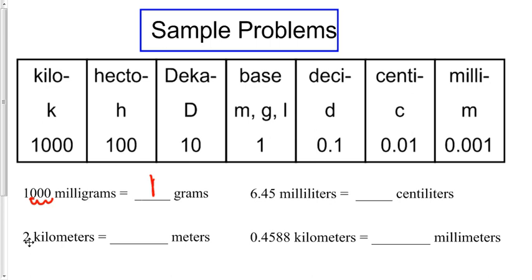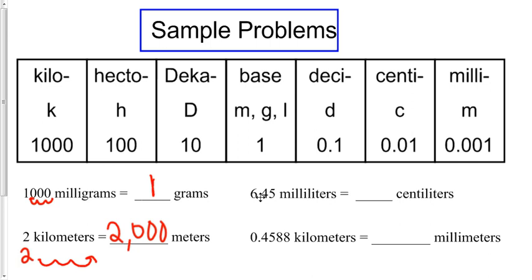If I have 2 kilometers, and I want to see how many meters that is, from kilometers to meters, that's moving over 1, 2, 3 times. So I need to move this decimal point in 2 over 3 times. So that's going to be 2,000 meters. The way I got that is here's my decimal point, I moved it to the right 3 times.